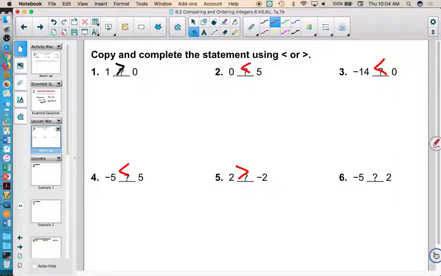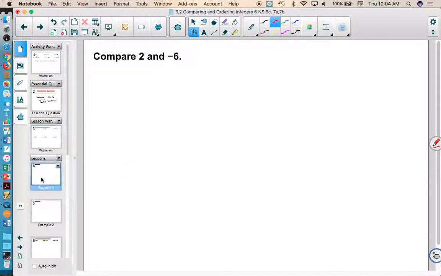And -5 compared to 2. What's it going to be, Miss Monique? Is -5 greater than or less than 2? It is less than. Good job. That does not cause any confusion, right? We got that. We totally understand that. Do it again.